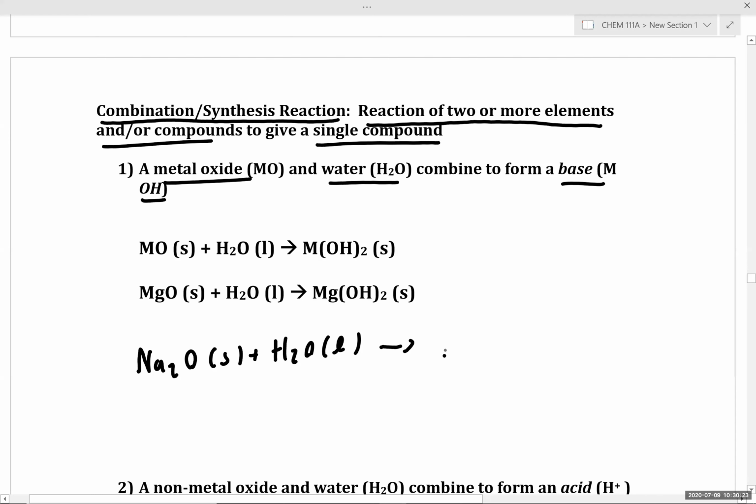Sodium hydroxide, yep. And balancing this equation, we generate 2 molecules of sodium hydroxide. So this is just another example of metal oxides reacting with water to generate basic metal hydroxides.